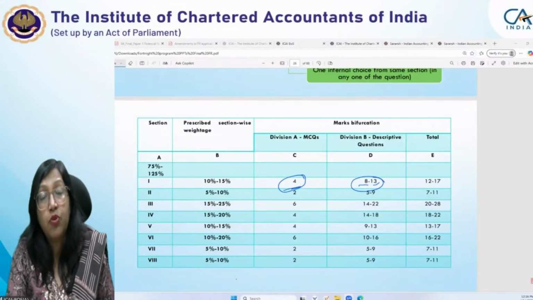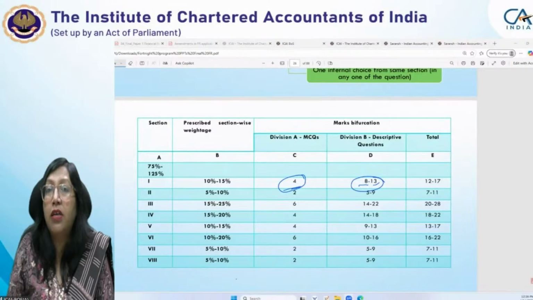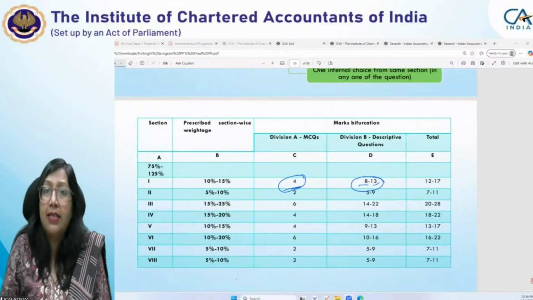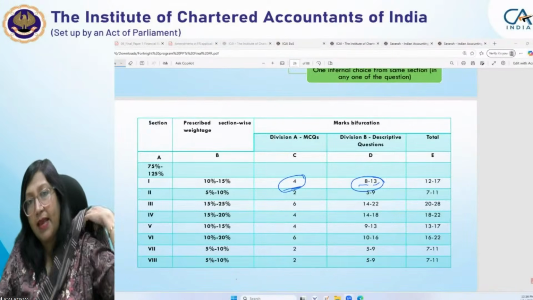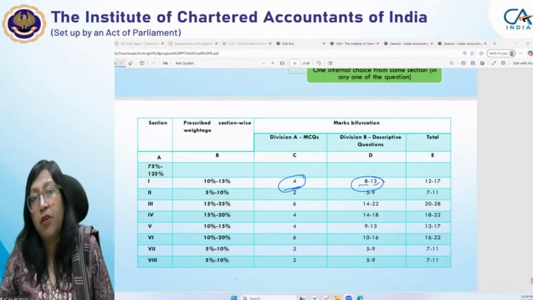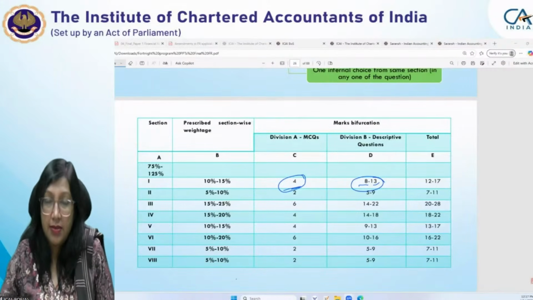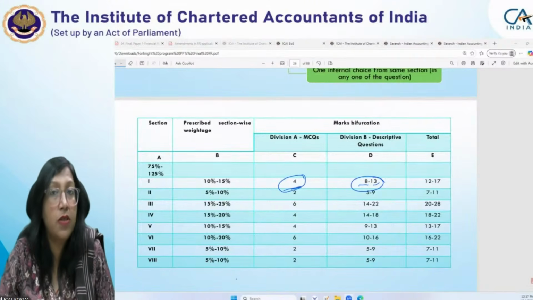But when it comes to application of those concepts in practical scenarios or numerical questions, there you have to practice. It's like maths also. Not only is arithmetical accuracy checked, but it's somewhat like maths. In accounting, you have to do regular practice. Then only will you get that confidence. So Saransh cannot be a substitute for your practice.